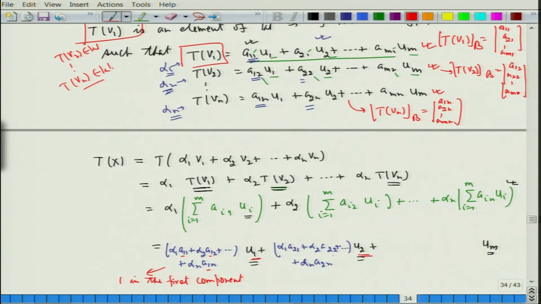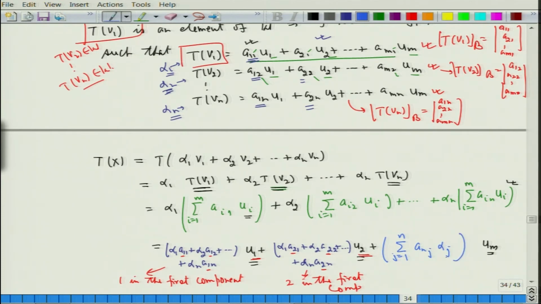This is U2, so 2 should appear in the first component. Similarly here, I can write summation j equal to 1 to n, alpha 1, alpha 2 till alpha n. Fine. I can write it, so 2 is fixed, so A2j alpha j.